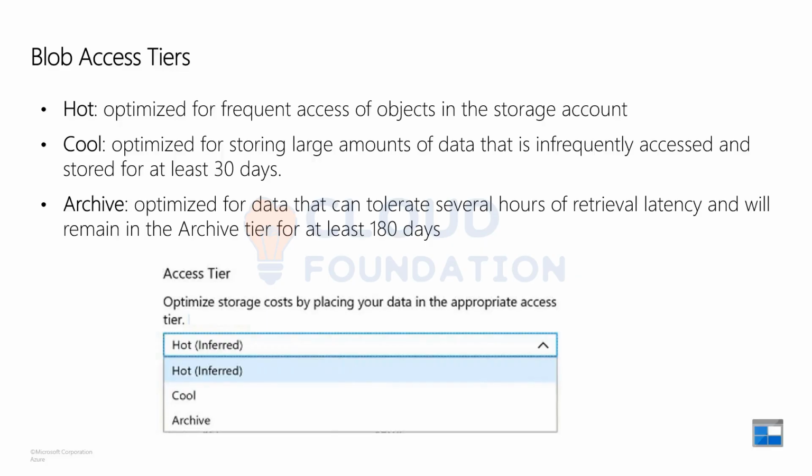Now, if you see these blob access tiers, this may not be relevant to an image that we have uploaded right now. But yes, this will be relevant for the backup contents that we are uploading. If you are uploading any kind of content which is supposed to be accessed once in 30 days or once in 180 days, that is where you will choose between cool tier or archive tier.